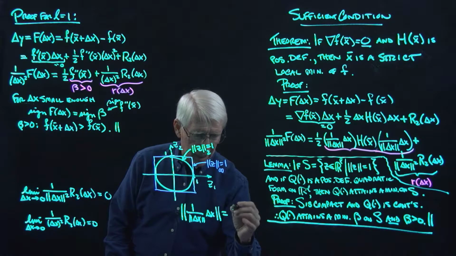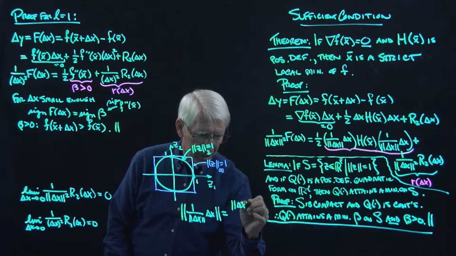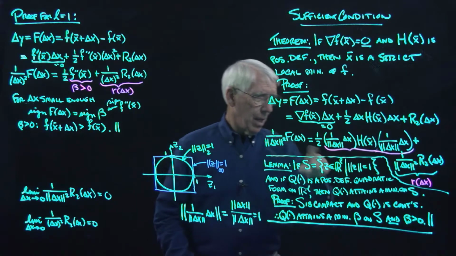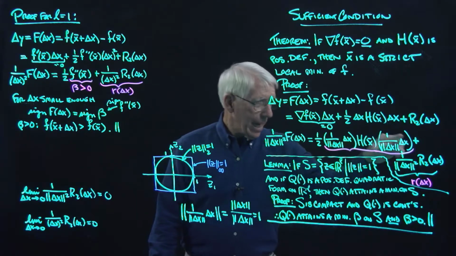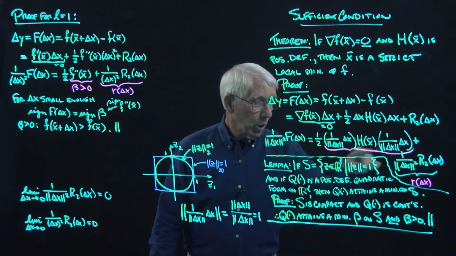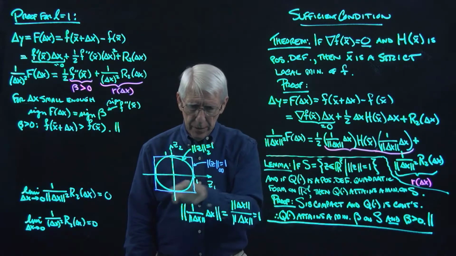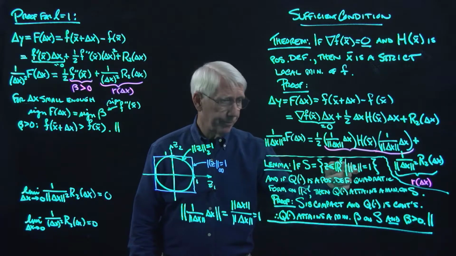So this is norm delta x, 1. So this quadratic form, now we're only worried about what happens to the quadratic form on the unit circle or the unit square, right?